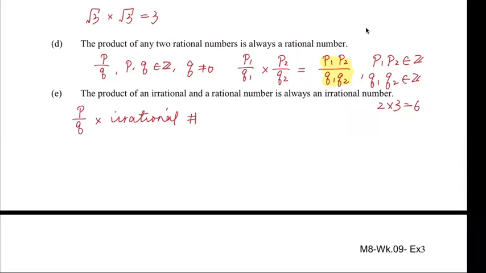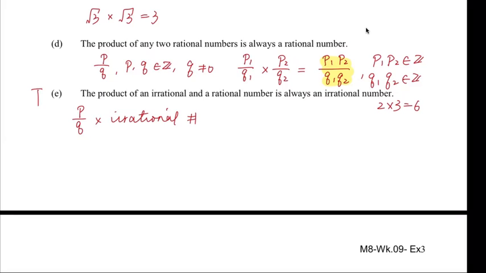We know that irrational numbers cannot be expressed in the form of P over Q. So even if we multiply a rational number by an irrational number, the product cannot be expressed in the form of P over Q. So that's why this is true. The product of an irrational and a rational number is always an irrational number.